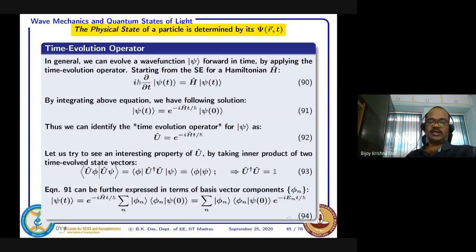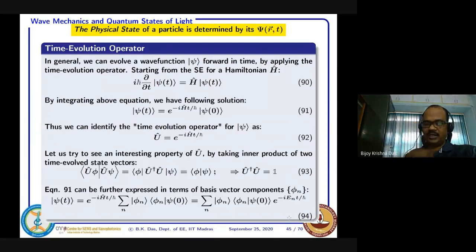So here we will try to understand an operator that gives you, after operating, the time evolution of the wave function. That is very important because you operate on a state function, a state vector, which is known at t equal to 0, and you find what it becomes after time t.